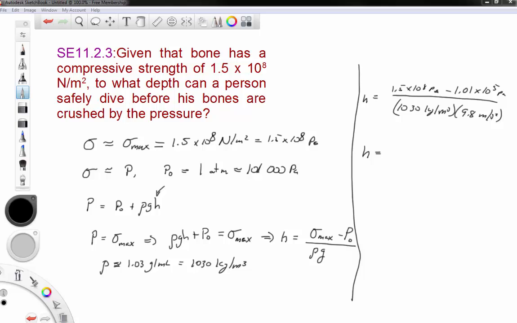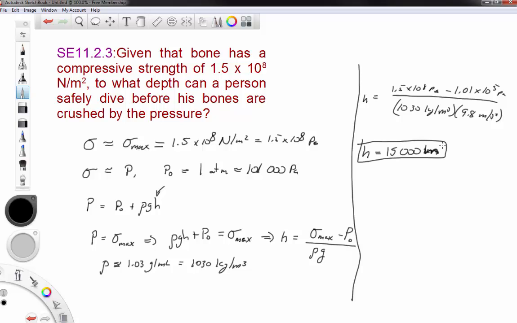Now, with that said, this is how deep a person can safely dive in the sense that his bones are not going to be crushed into fine powder. Long before then, other deleterious effects begin to occur. So this is approximately 15,000 meters or a little under 10 miles.